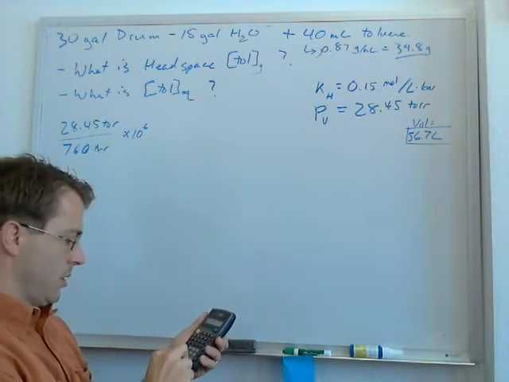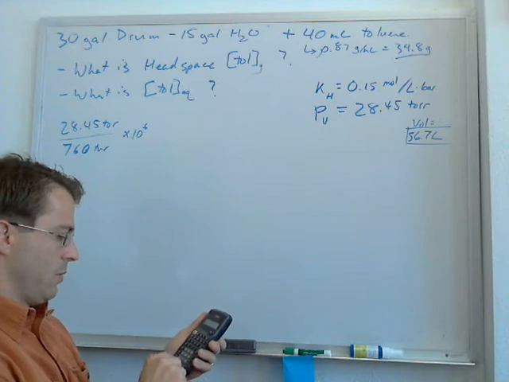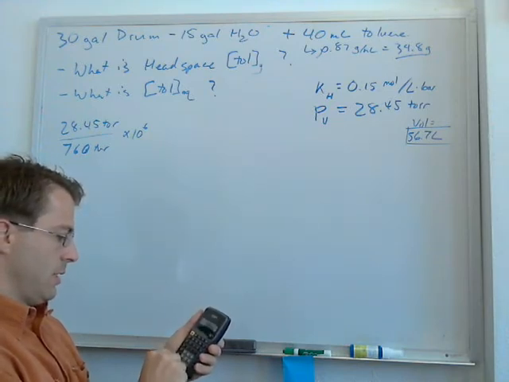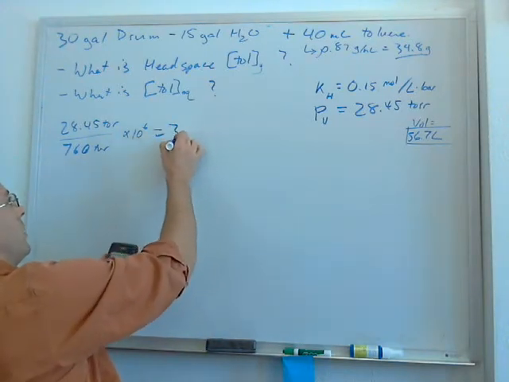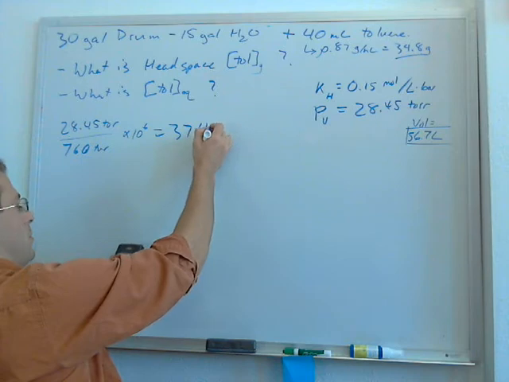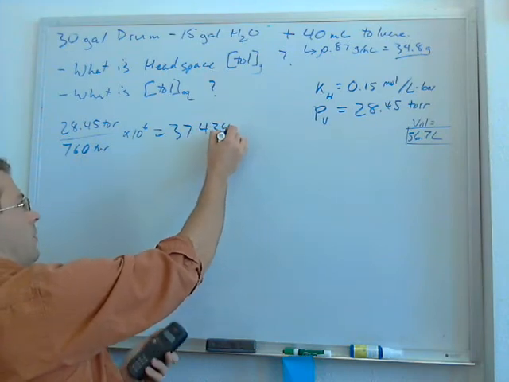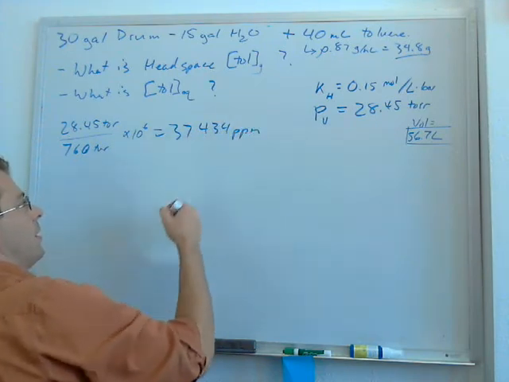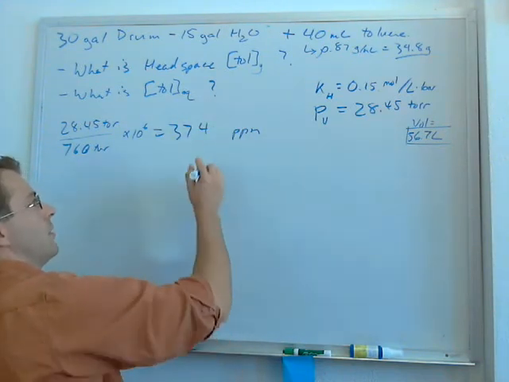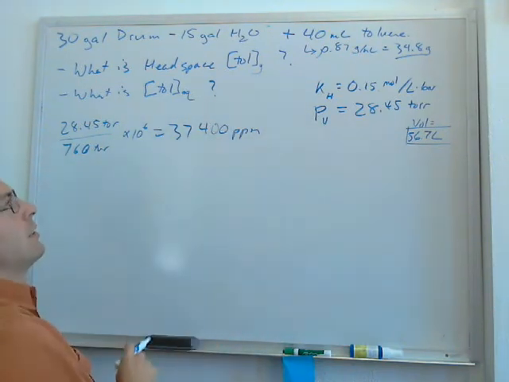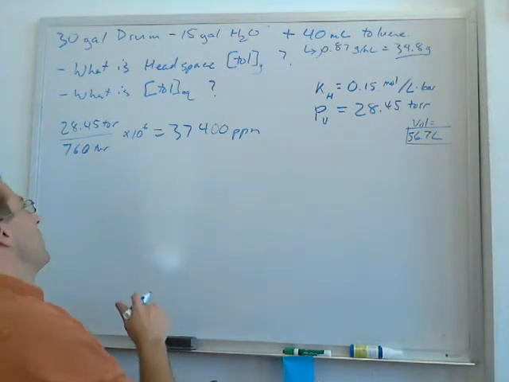So 28.45 divided by 760 times 1,000,000 is equal to 37,434 ppm. Alright, so we're just going to round that to 3 significant figures. So 37,400 parts per million.